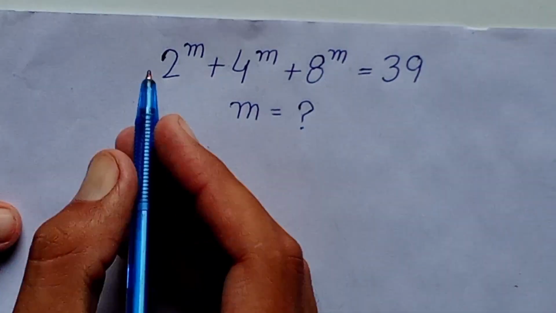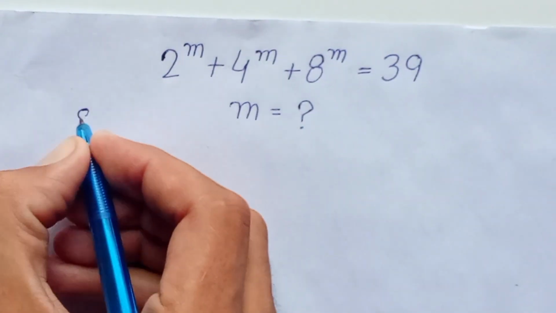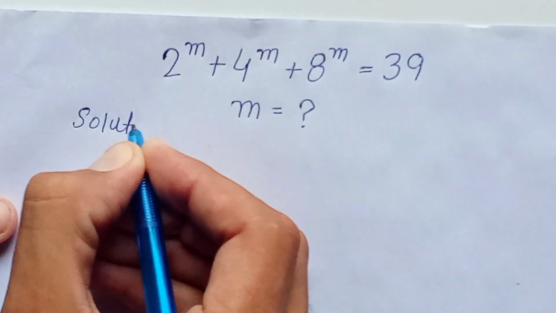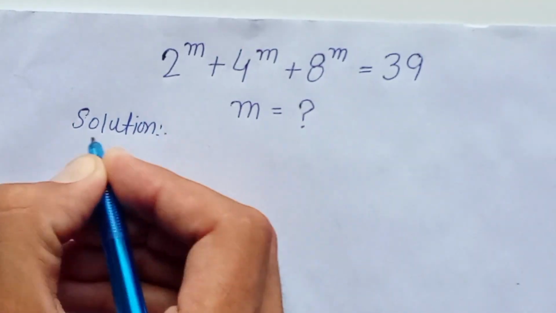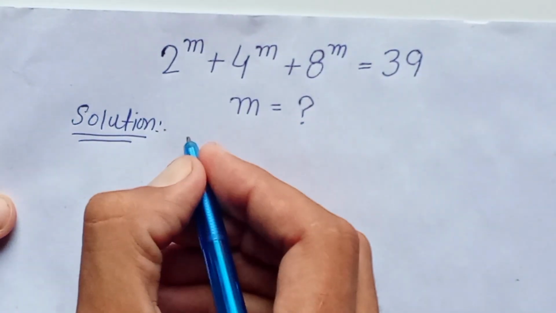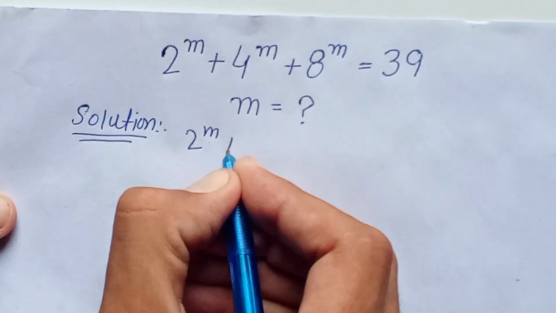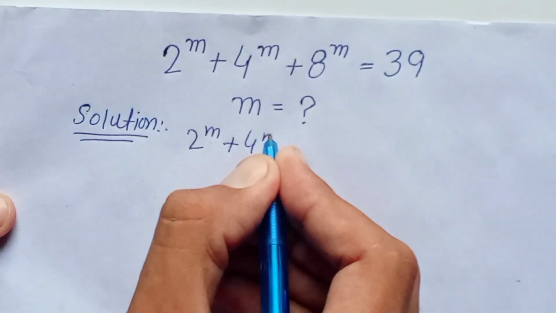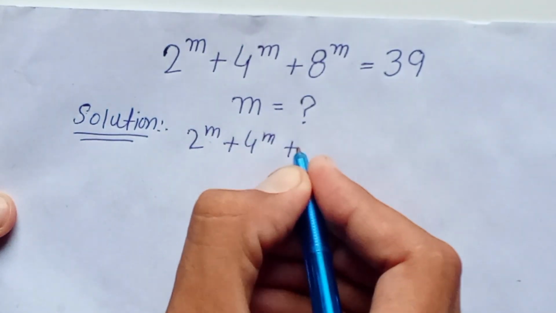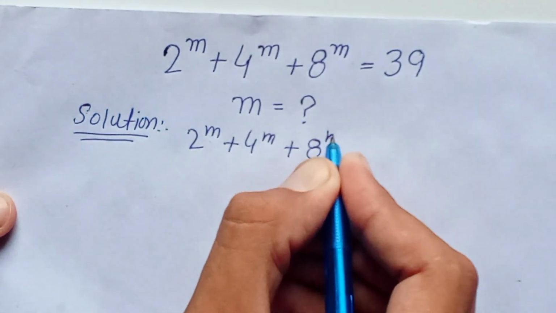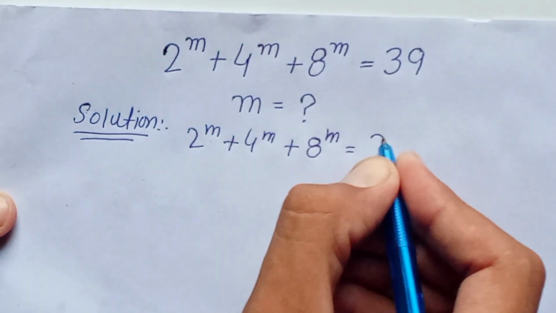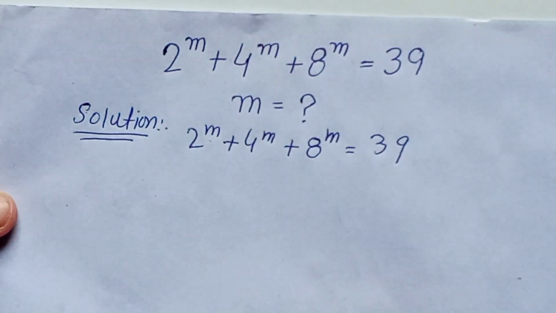So guys, I can start the solution of this question. Our solution is 2 to the power m plus 4 to the power m plus 8 to the power m is equal to 39.